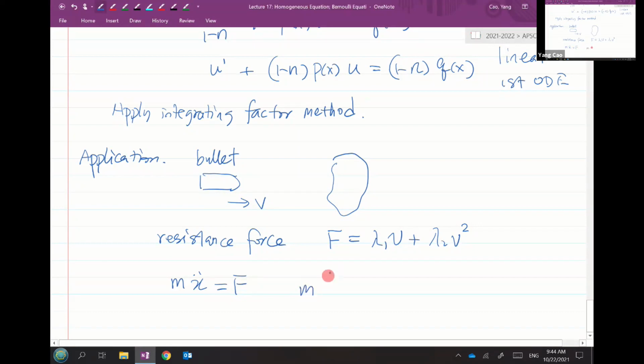So m dv over dt. X is position, so x double dot is acceleration, so dv over dt is acceleration. That equals lambda 1 v plus lambda 2 v squared.